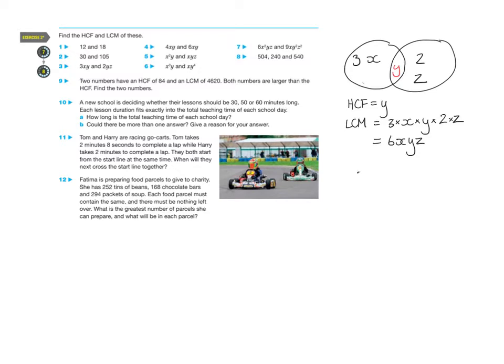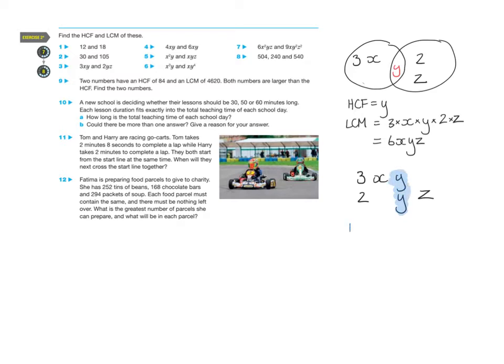The other way we could look at this is we look at 3x and y, and I'm spacing them out on purpose, 2, y, and z. Just like with the previous question, now I can see what's common.